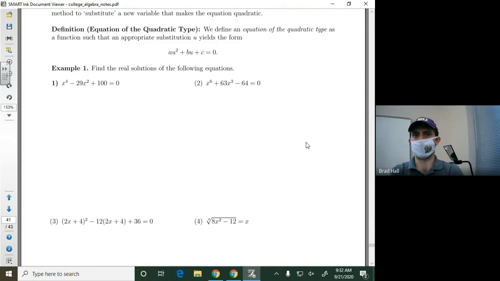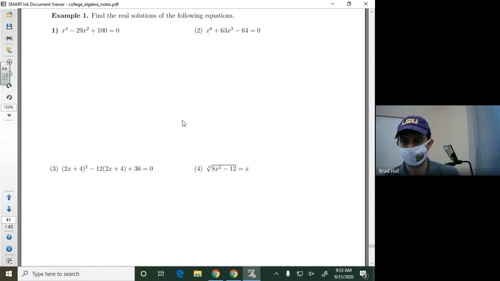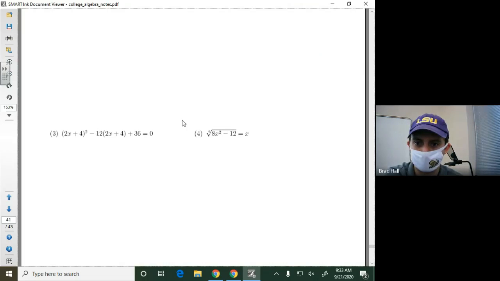So what we have to do is replace this pattern with a U, or rather a U substitution, and this substitution will give us a quadratic, and then we can proceed with quadratic methods, such as factorization primarily. We did the first two already, so we're going to jump down to problem 3 here.